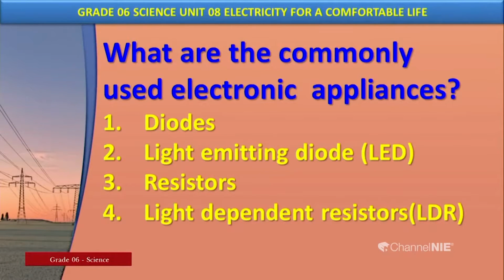Today we are going to learn those things. Right. We use diodes, light emitting diodes. In short form we call this LED. Light emitting diodes, LED.